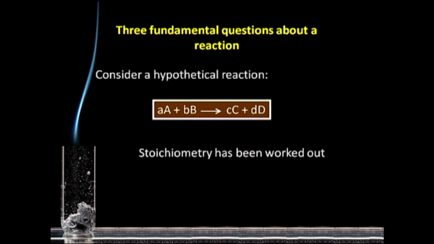We are interested in, say, product D. We write the equation, try to balance it, and now we know if we carry out this reaction and if it goes to completion, we are going to get D moles of D. But questions still remain.